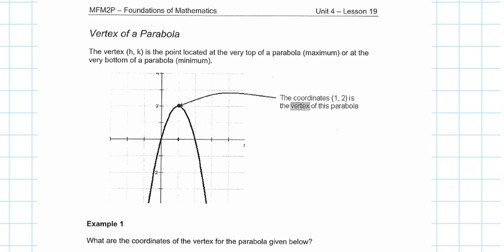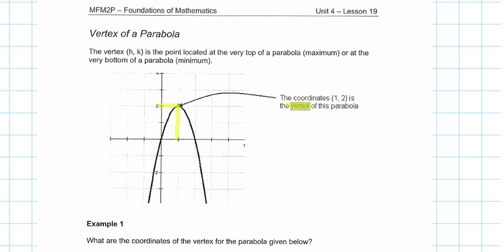So we call that point the vertex. And then when they're asking you for the vertex, they're looking for both the x and the y value because it's called a point. So if I'm looking at this one and I'm asking you what's the value of the vertex, I'm going to have to look for the x value, and for the y value, I'm going to have to state it as 1, 2 in brackets. Okay?